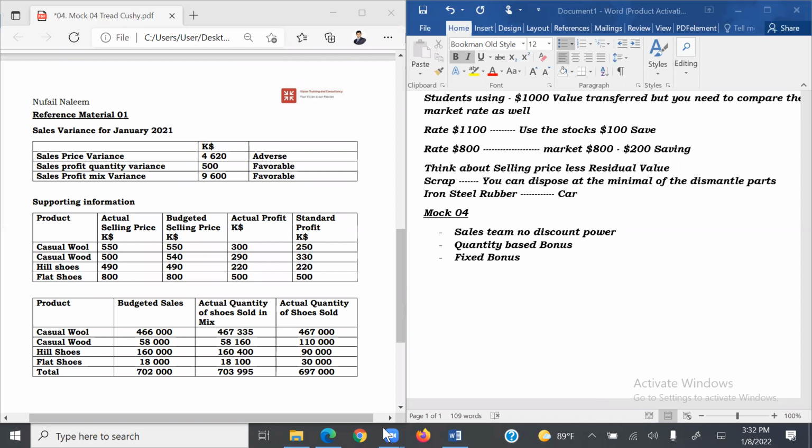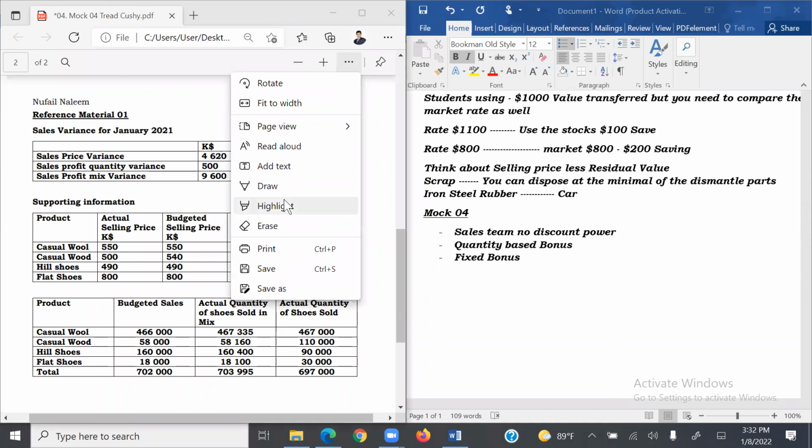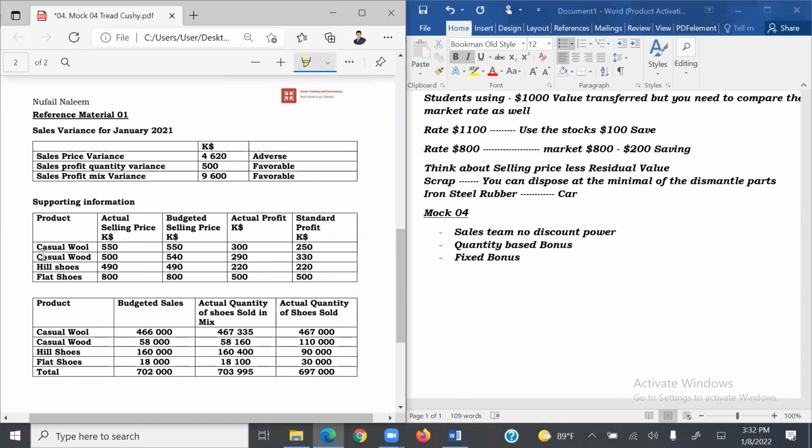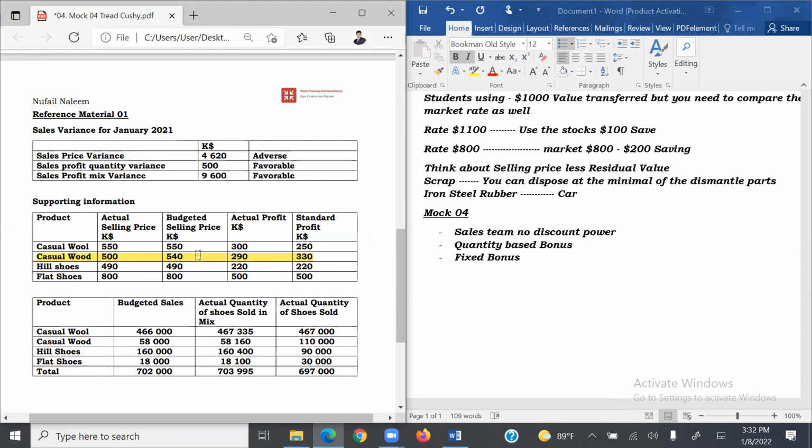There is no difference. And the flat shoes have also remained the same. So the only shoe that has been affected in the real factor is the casual wood shoe. So students, that is one aspect that you need to keep in mind, because the rest of the items are fine, but the casual wood shoe has shown a selling price difference, because it has gone down a little at the moment.